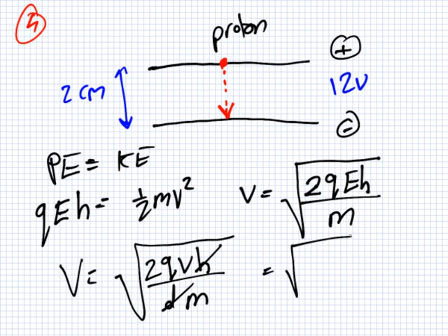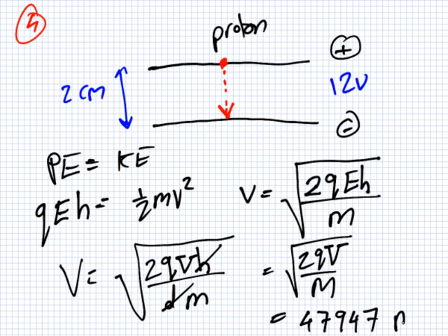So it's the square root of 2QV over m, which equals the square root of 2 times the charge of a proton times the voltage, 12, over the mass of a proton. So we get 47947 meters per second.